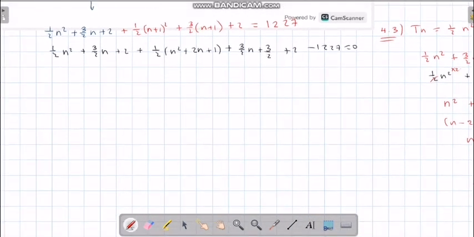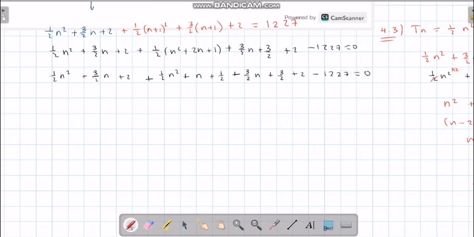Okay, so now let's open the bracket. We'll have 1 over 2 n squared plus 3 over 2 n plus 2, plus 1 over 2 n squared, half times 2n to be n, half times 1, which is 1 over 2, plus 3 over 2 n plus 3 over 2, plus 2 minus 1227.